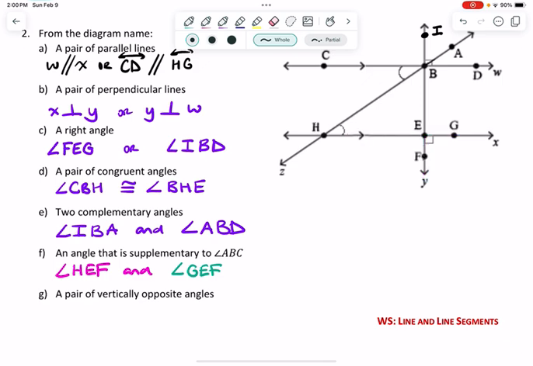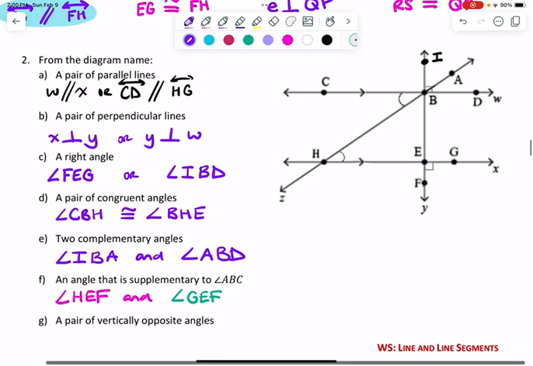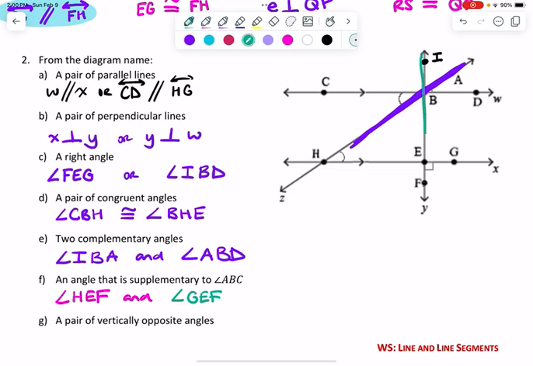Okay, last one. Vertically opposite. Remember, vertically opposite angles exist when 2 lines intersect. So I'm going to find 2 lines. I'm going to choose this one. Why? I don't know. I just chose it randomly. And this one. Those 2 lines at a vertex. Vertically opposite angles pair angles that are opposite where that vertex is located.